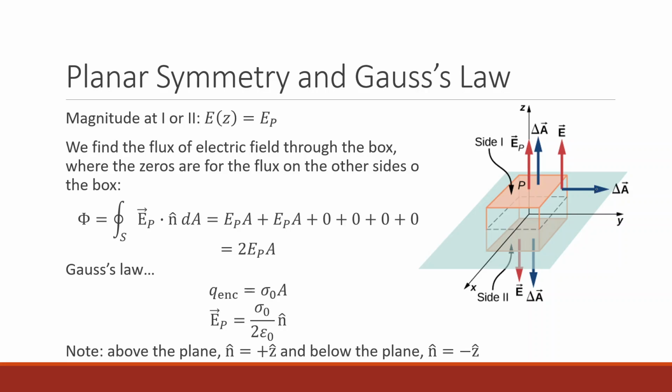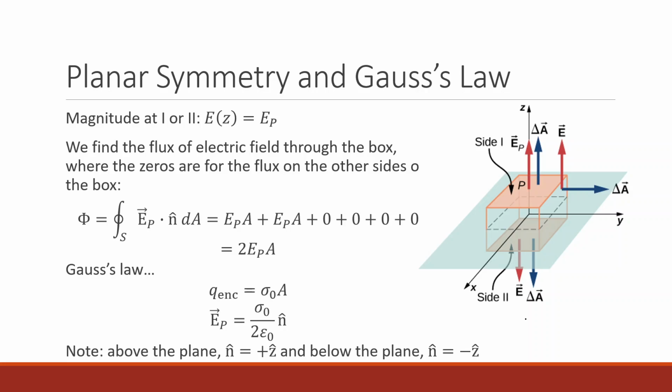The electric field dotted into our area here is going to be 0, okay? So all other sides that are not along the z axis are going to have 0 flux.